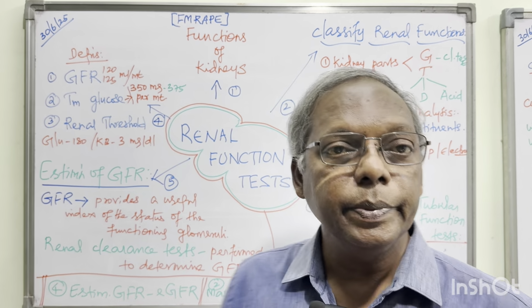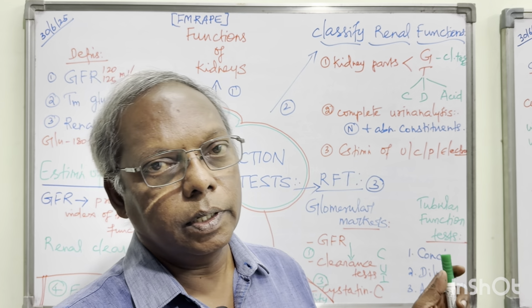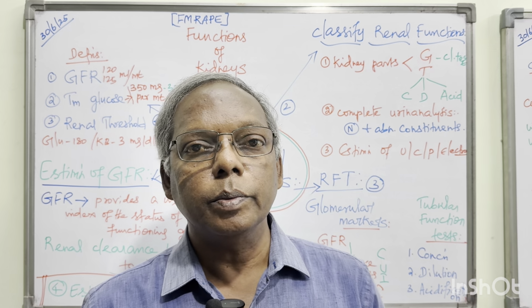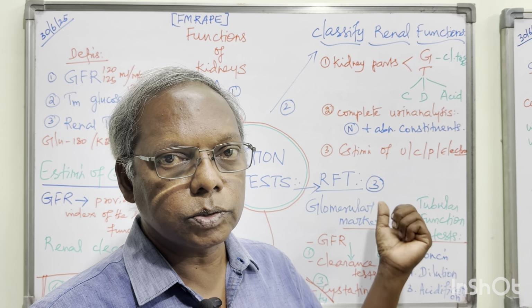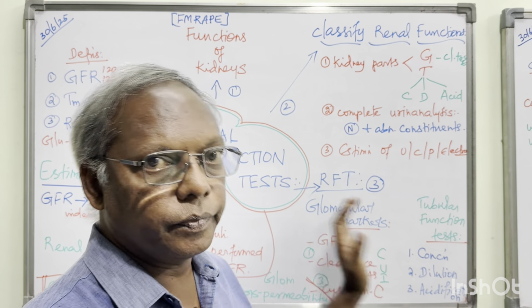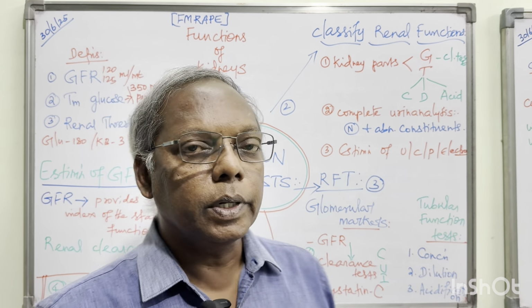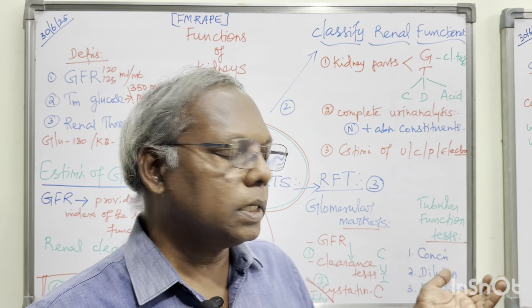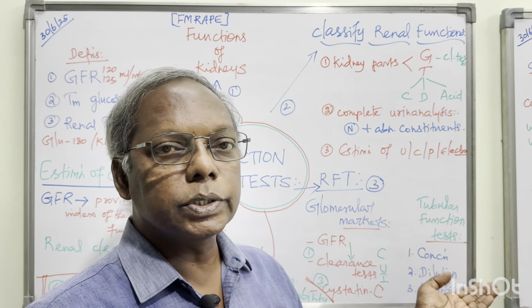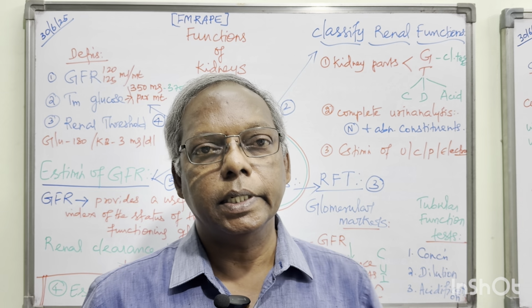Next one is estimated GFR, eGFR. Nowadays they are using eGFR only. And we have a new novel marker, cystatin C, which also comes under glomerular markers. This is the outline for glomerular markers. Coming to the tubular function tests, we do concentration tests, dilution tests and acidification tests.